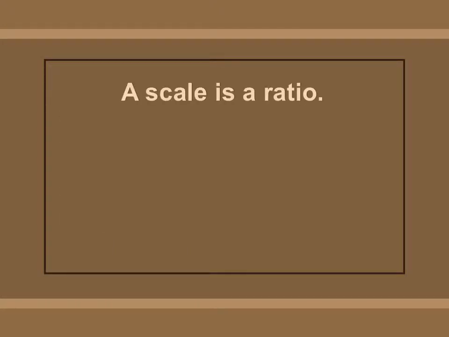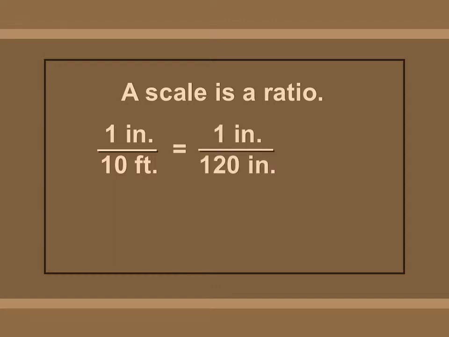Okay, so a scale is just a ratio, and a ratio is just a fraction. So we're dealing with the same types of numbers, we're just putting them in special scenarios. Okay, so let's look at this. 1 inch to 10 feet equals 1 inch to 120 inches, which makes sense because there are 12 inches in a foot, which means that 12 times 10 is 120.